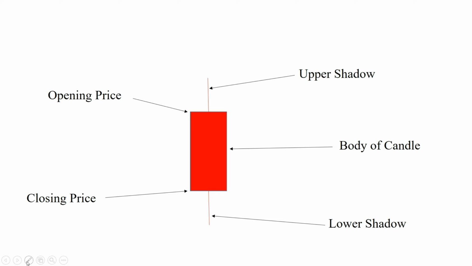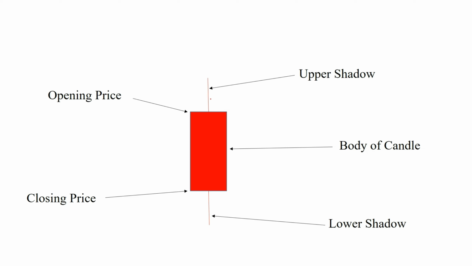As you see, it has several parts. This one is the upper shadow, this point is the opening price, this is the body of our candle, this is the closing price point of the candle, and this is the lower shadow.